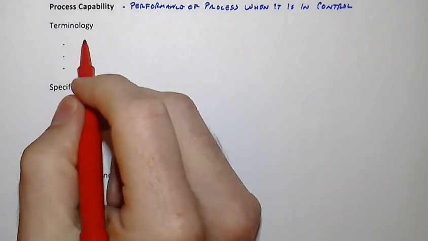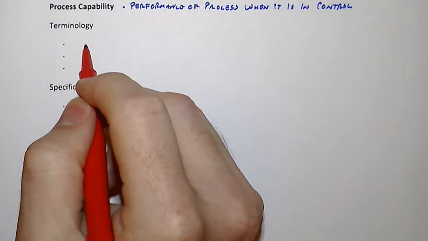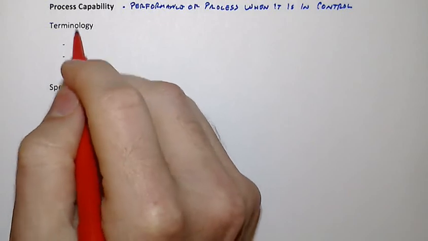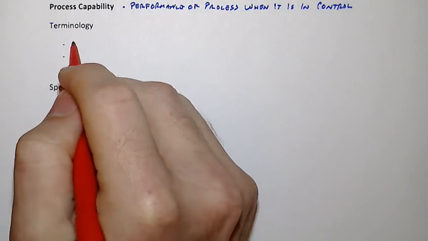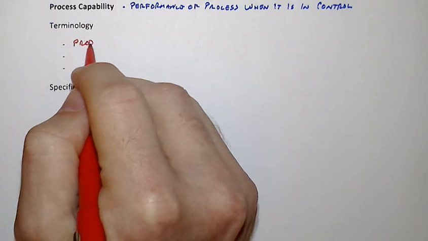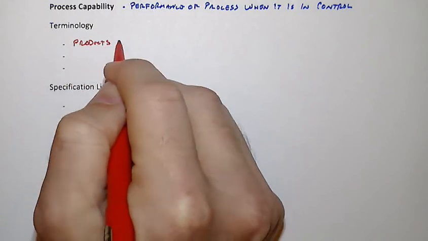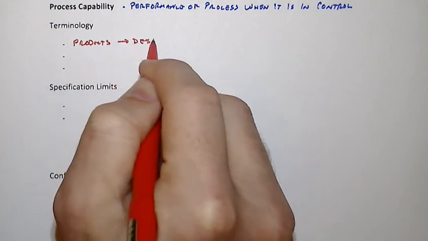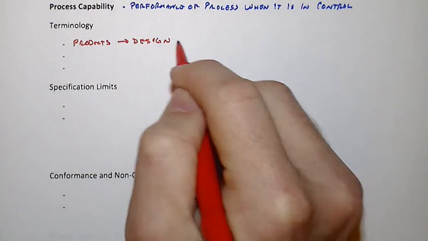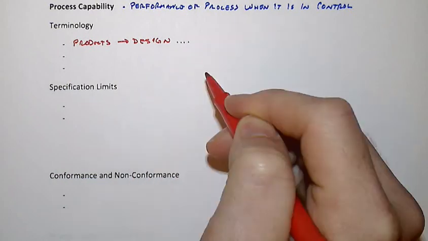Okay, so part of our terminology that we need to be thinking about here is that as we take products and we design them, and in particular that we have to make something tangible here.